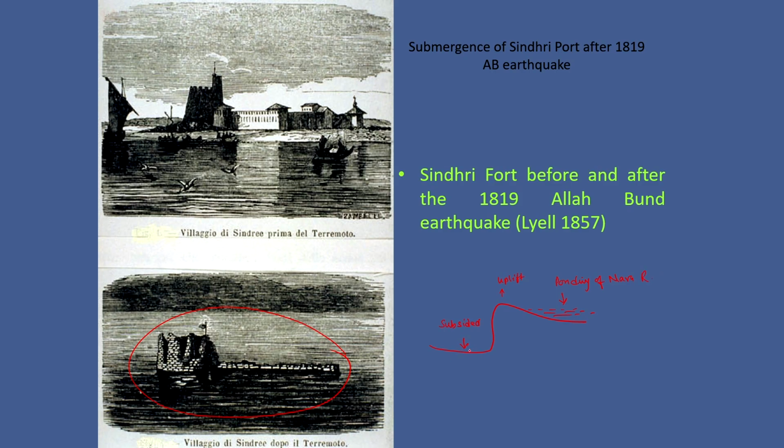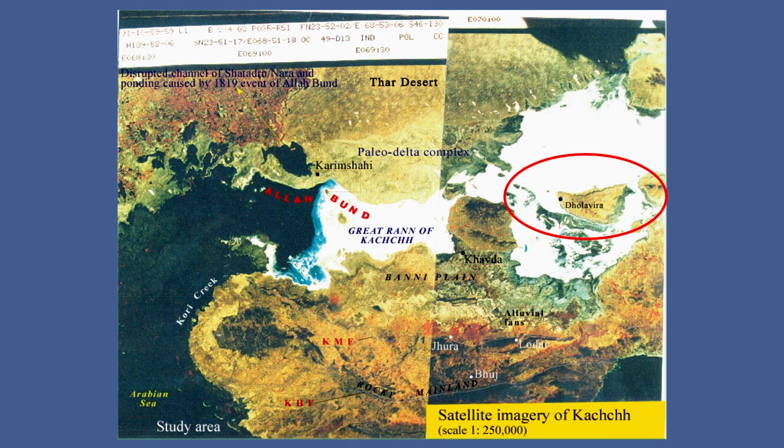So Sindri was located over here, which subsided, and that was shown by one of the authors in 1857.